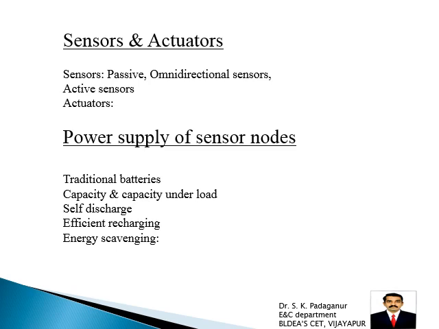Passive sensors can measure a physical quantity at the point of the sensor node without actually manipulating the environment. Active sensors probe the environment. Examples are radar sensors and some types of seismic sensors which generate shock waves by small explosions. So you have passive and active sensors.